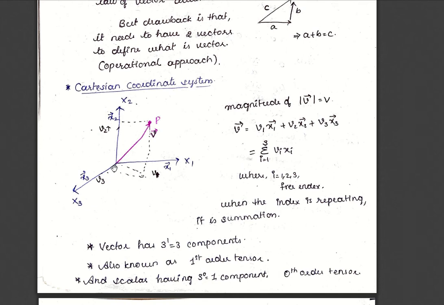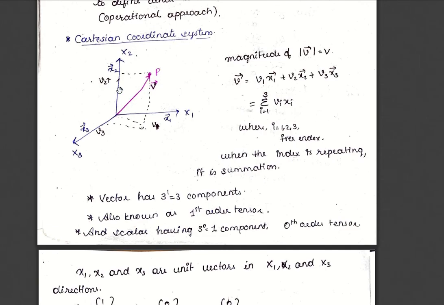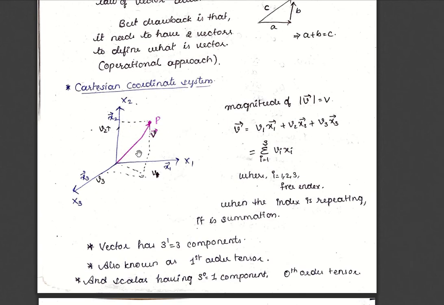So let us see this Cartesian coordinate system. If we take this Cartesian coordinate system x1, x2, x3, it has the directions, and this is a point p. This is a vector. The magnitude is given by this mod v.